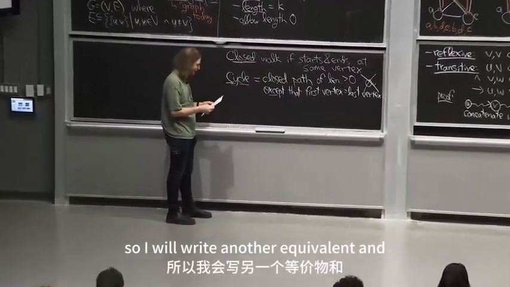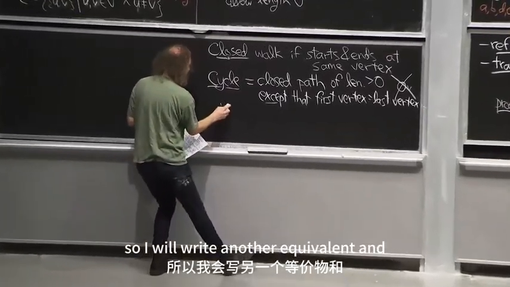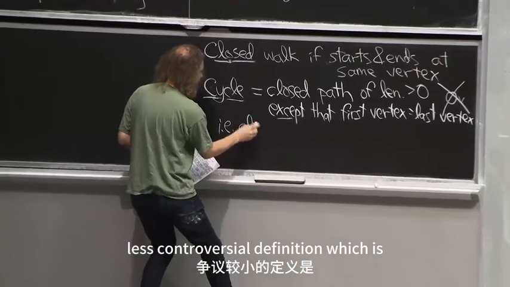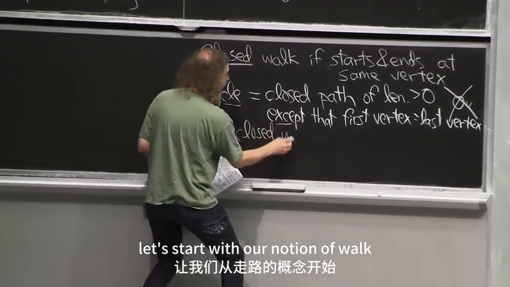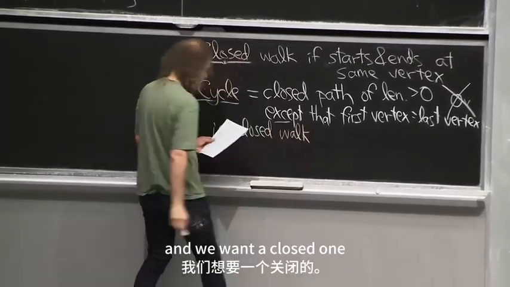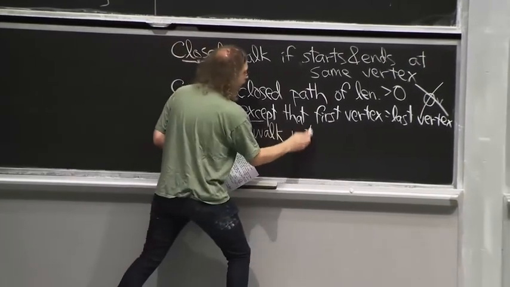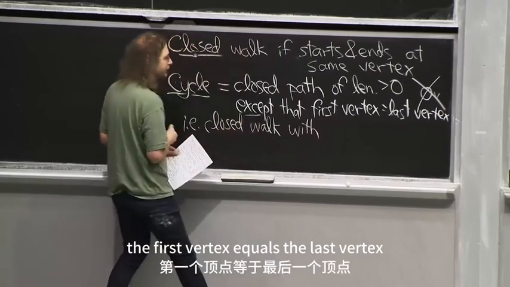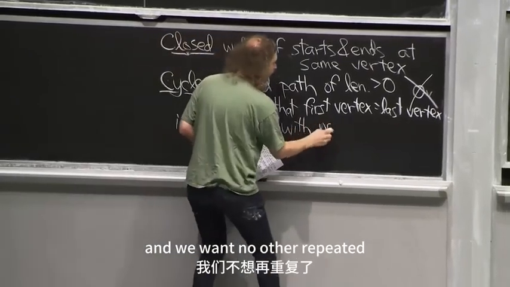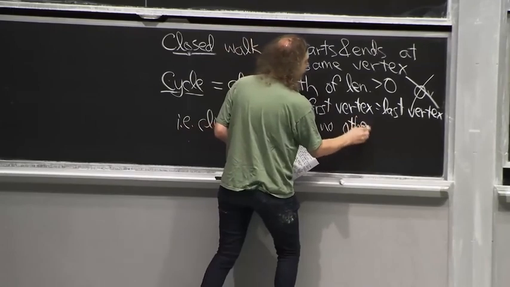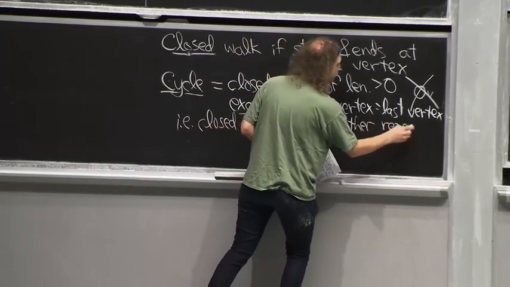So I will write another equivalent and less controversial definition, which is, let's start with our notion of walk. And we want a closed one. And so that implies that the first vertex equals the last vertex, and we want no other repeated vertices or edges.